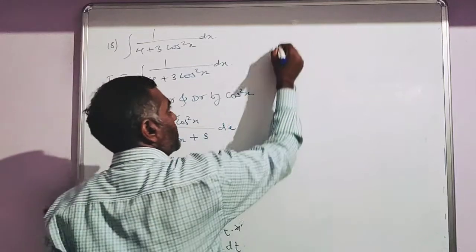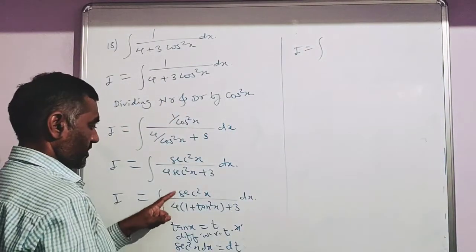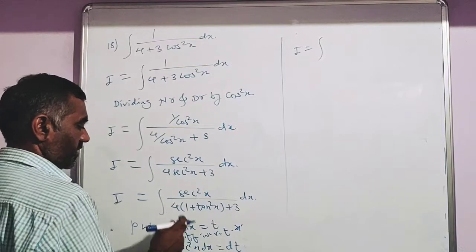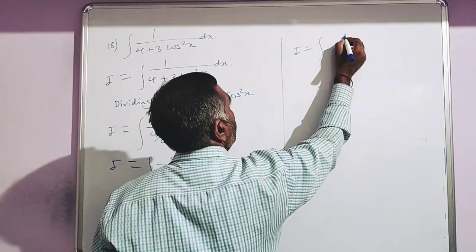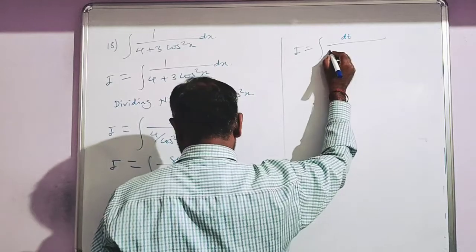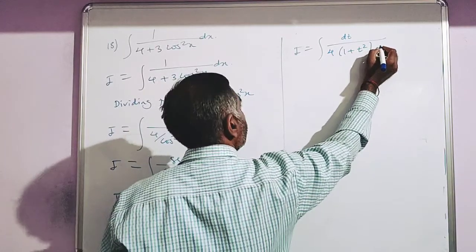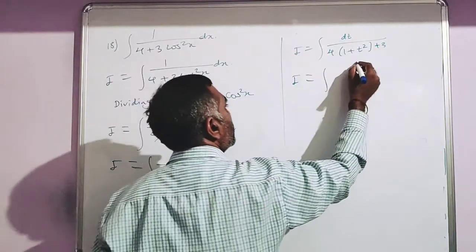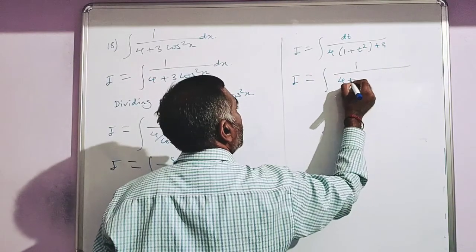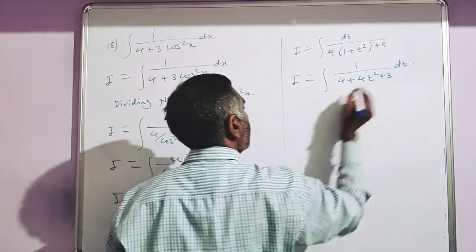ठीक है, मग काय होतं बघा, I is equal to integration of sec square x dx is nothing but dt, and 4 in bracket 1 plus t square, dt upon 4 in bracket 1 plus t square plus 3. I is equal to integration of 1 upon 4 plus 4t square plus 3 dt.